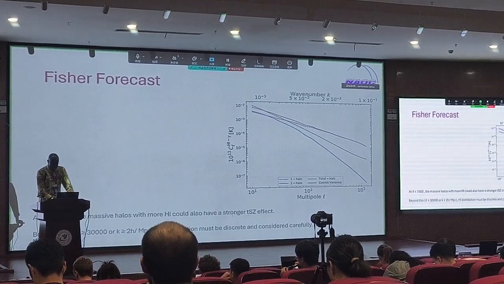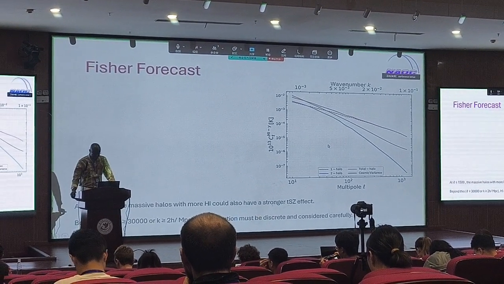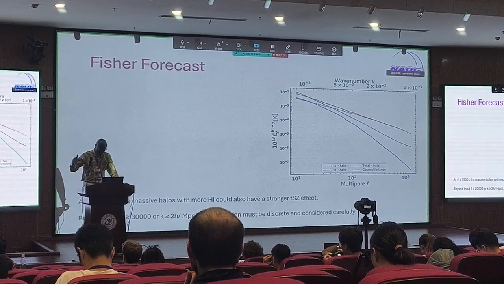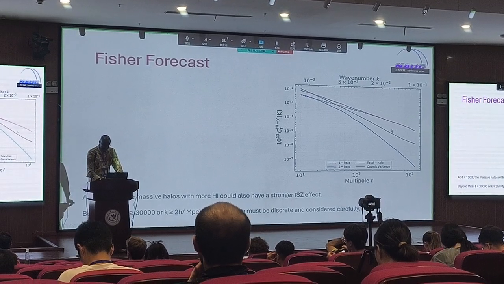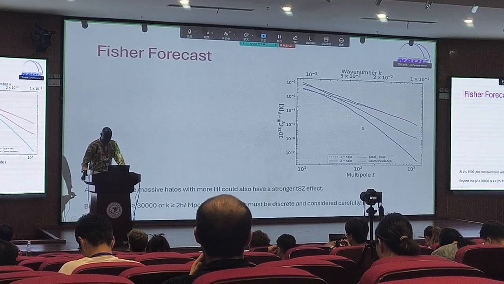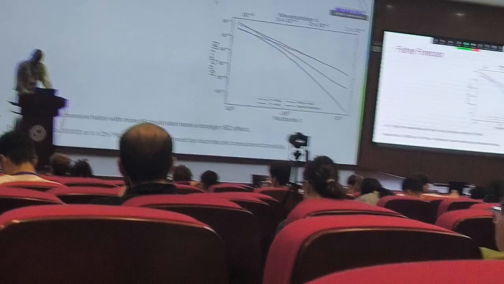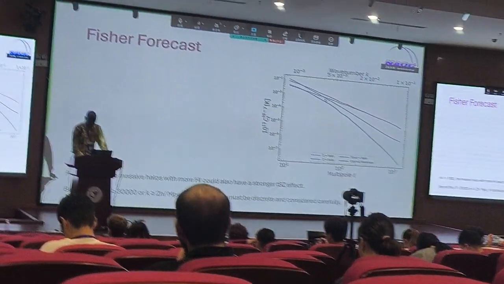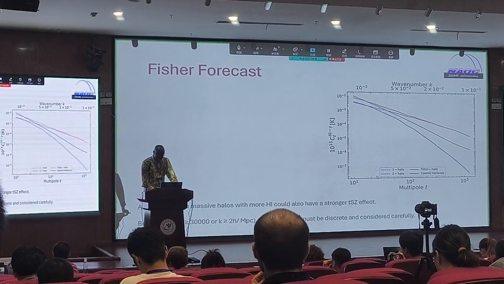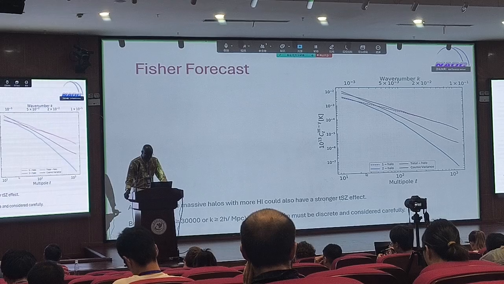Of course, we expect the 2-halo term to follow the dark matter power spectrum as it rapidly decays, as we see, and then cosmic variance dominates on large scales, and the 1-halo term begins to dominate for ell greater than or equal to 20.